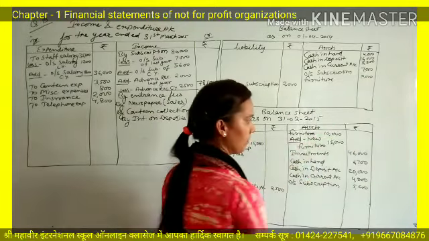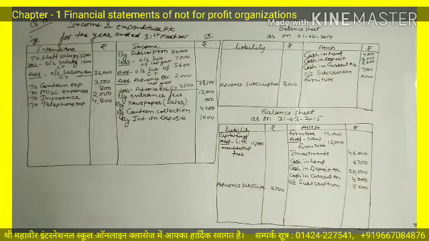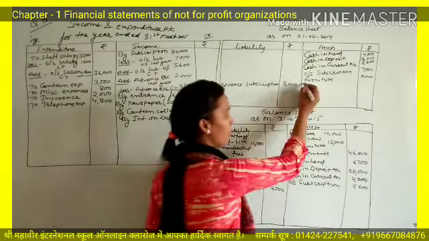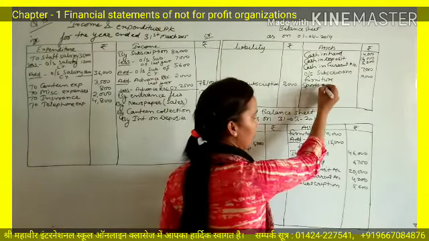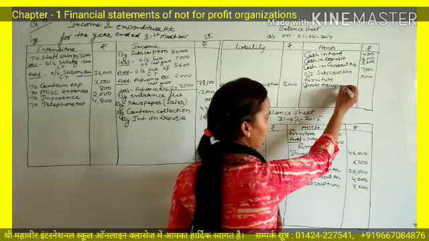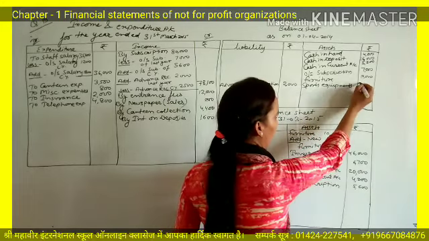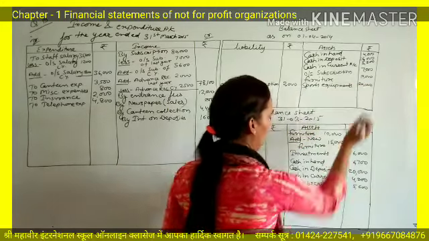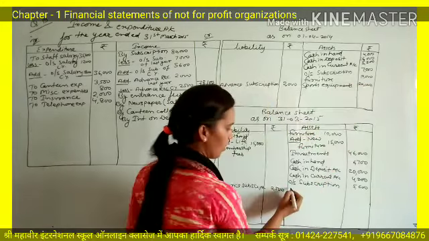Sports equipments you have of rupees 20,000. This is the opening balance. So the same point: we will write in the opening balance sheet, sports equipments 20,000, and the same 20,000 will be written here, sports equipments.